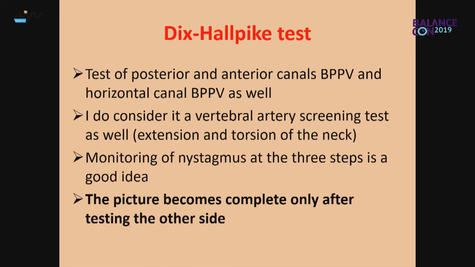One of the interesting things about the Dix-Hallpike test: you will find in the literature what's called the vertebral artery screening test. It has low sensitivity and low specificity, but it's sometimes done. For me, the Dix-Hallpike test is also a sort of vertebral artery screening test, because what you do is extension and torsion to the neck.